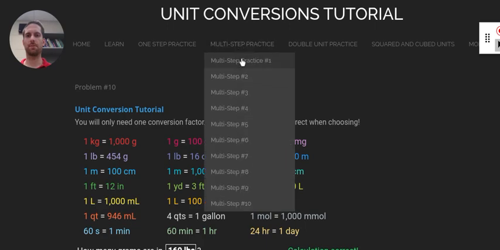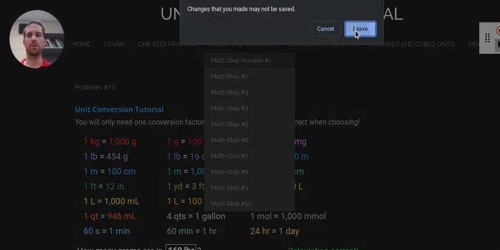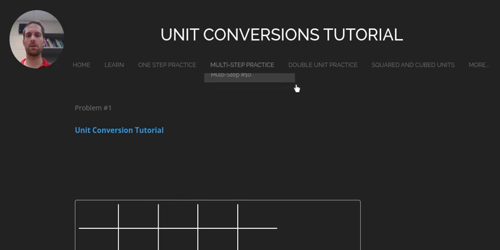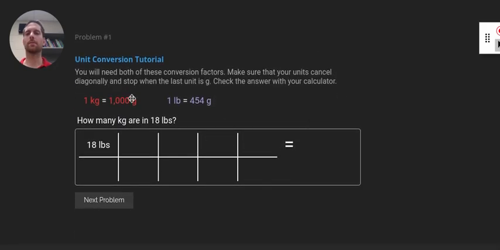For multi-step, I just have to convert this all at once. So pound goes there, gram goes there, because down diagonal cancel. Kilogram goes there, gram goes there. There's my answer. So 18 times 454 over 1,000 is 8.172.